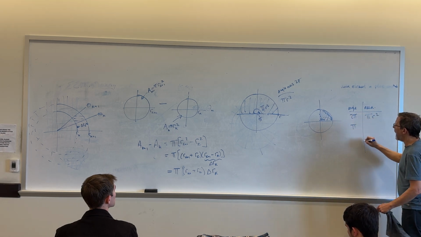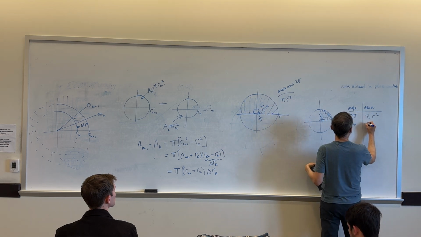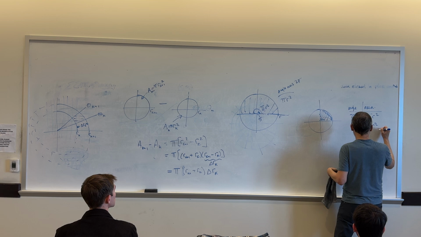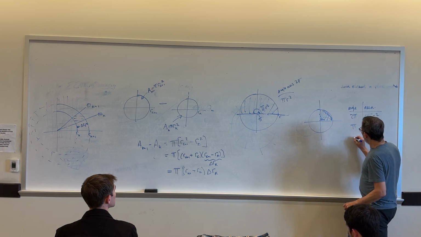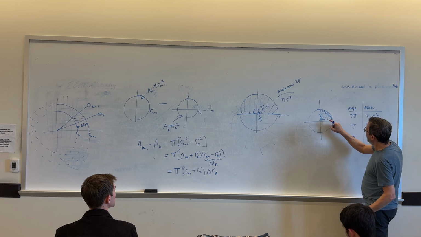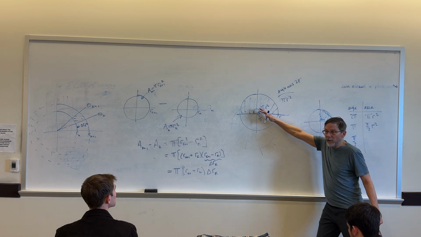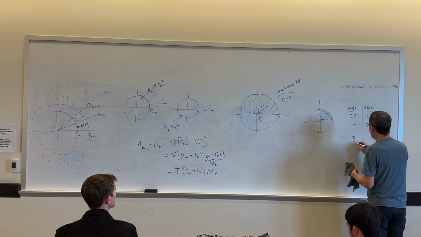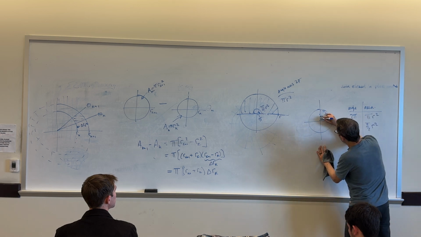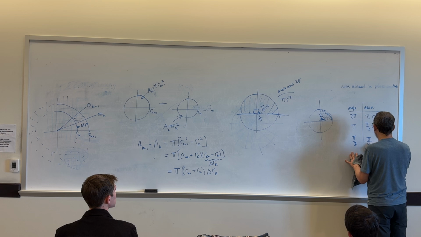When the angle was pi, that's just half the area of a circle, so that's pi over 2 r squared. When the angle is pi over 2, like this, what's my area? Pi over 4. It's half of this area here, right? So we're not doing anything super profound, just taking proportions here. When that angle is pi over 2, then this is pi over 4 r squared.